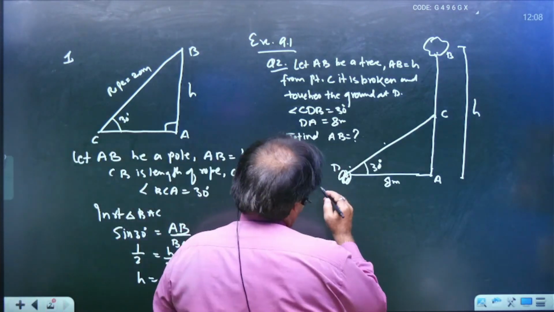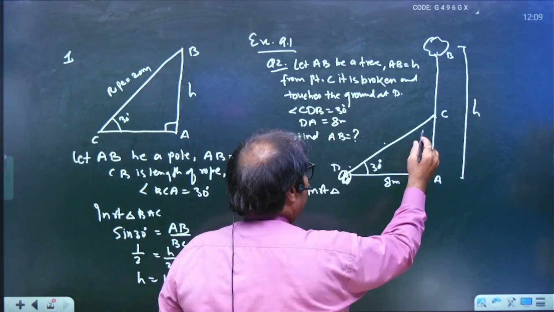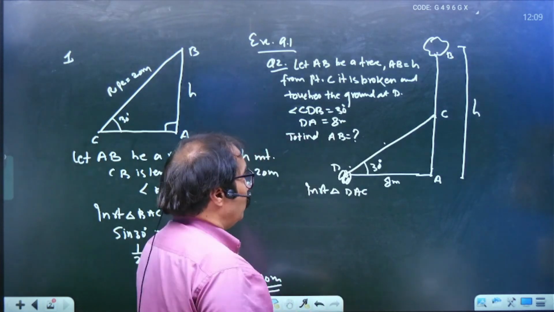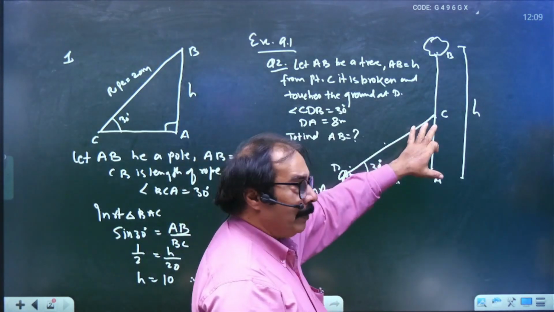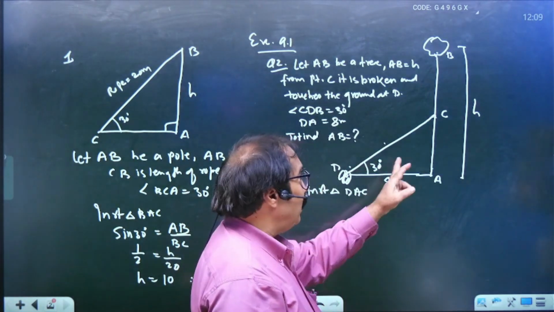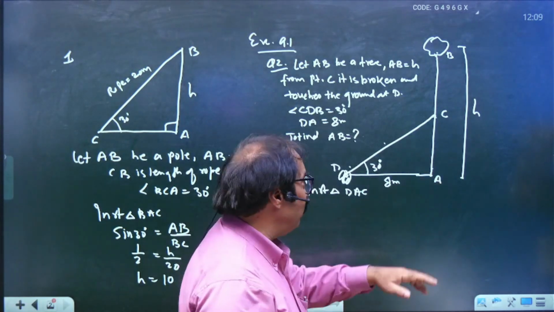Now, in right triangle DAC, what is given? As per this angle, AC will be perpendicular and AD will be base. So we will apply tan because tan theta is equal to perpendicular upon base.